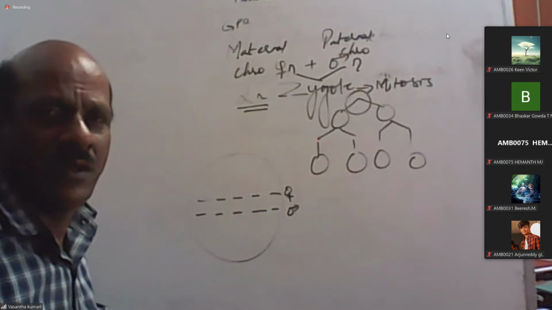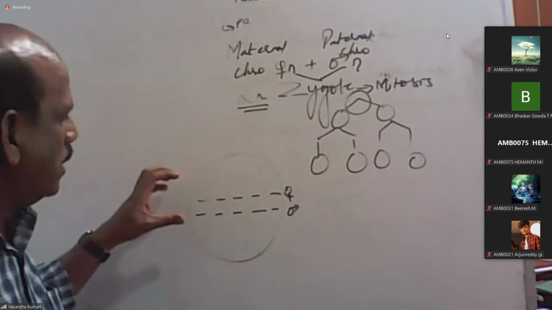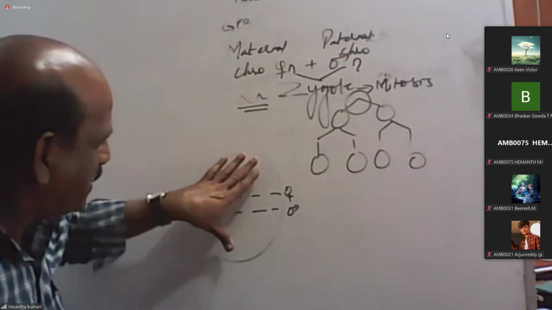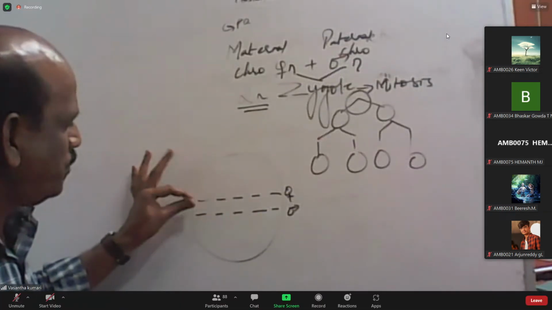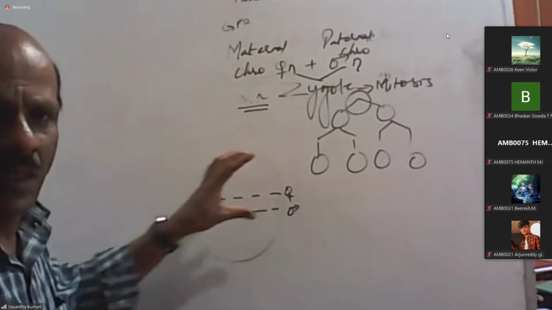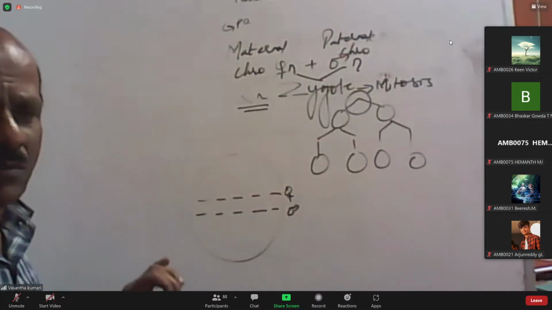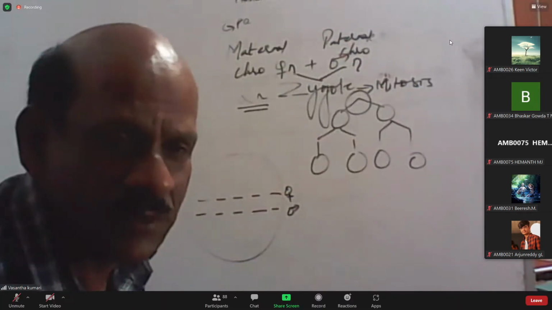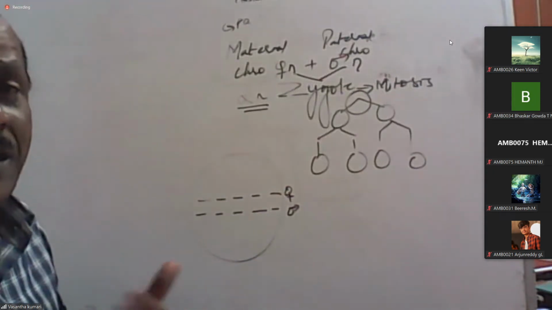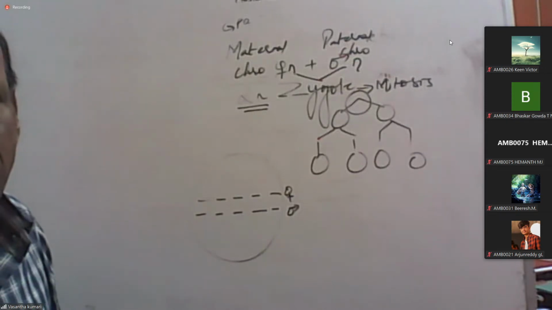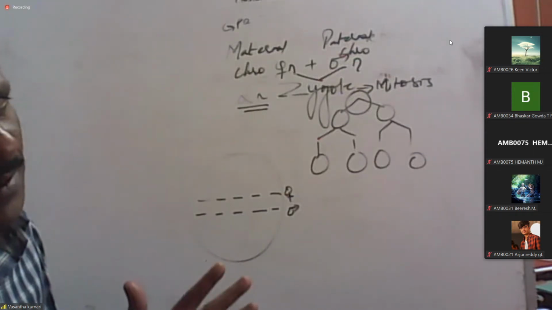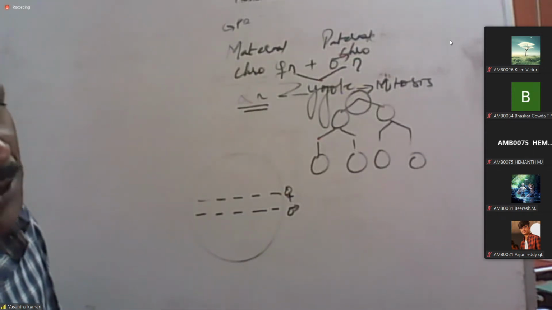Now, when this cell enters meiosis, pairing takes place between pairs of chromosomes. Then crossing over takes place. Crossing over will lead to a different combination of genes. Is that clear?